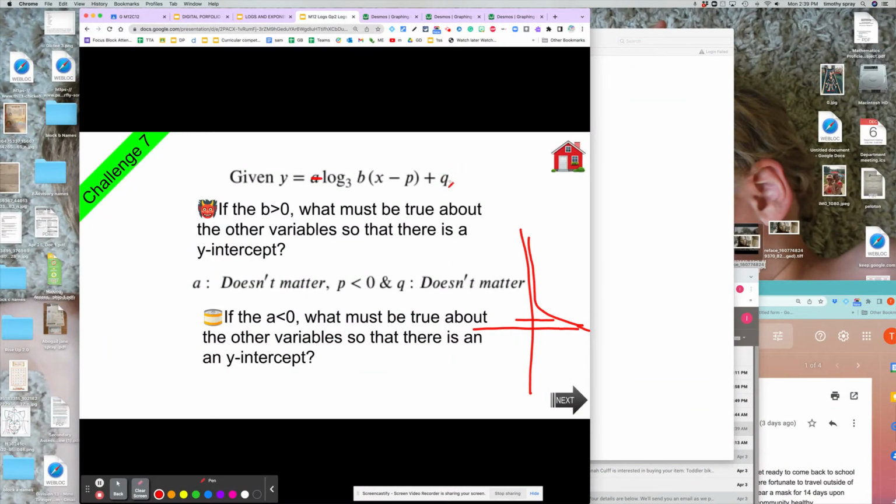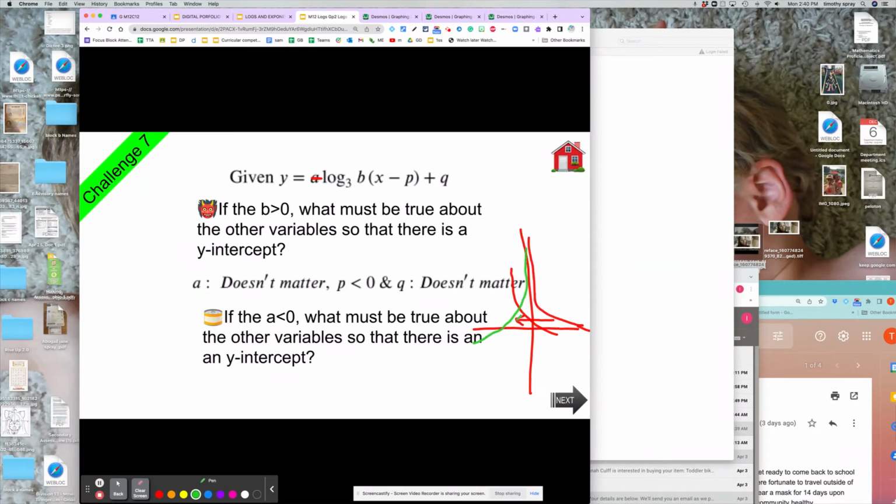The p value wouldn't matter at all. To shift it this way, so then it would look like that, we'd need the b value to be positive and the p value to be negative. Now another possibility, I'll do it in green, is if the b value is negative, then this function is going to look more like that.